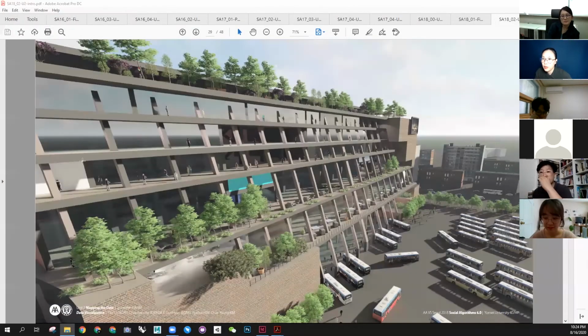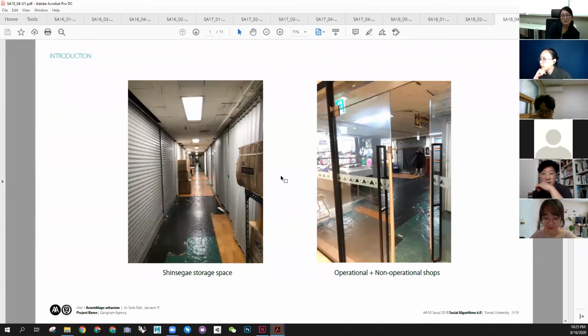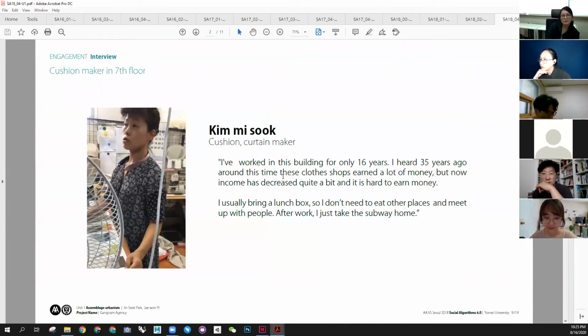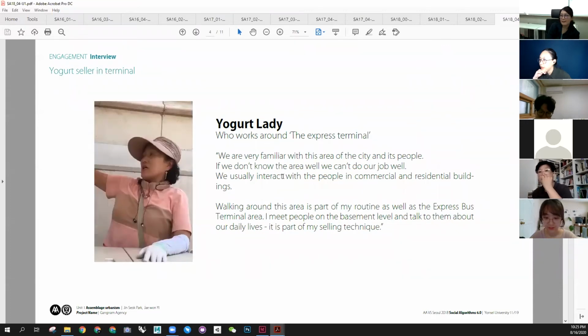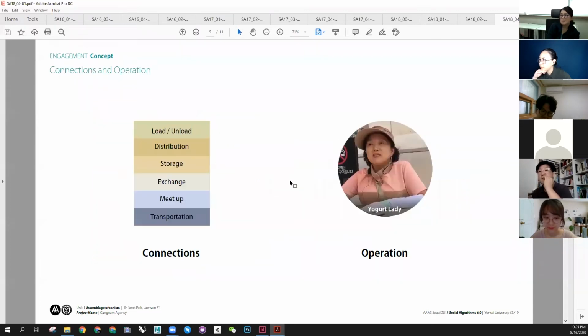I think Hyosan was in this unit. Yeah. And finally, Unit 1 also used the same site and methodology.